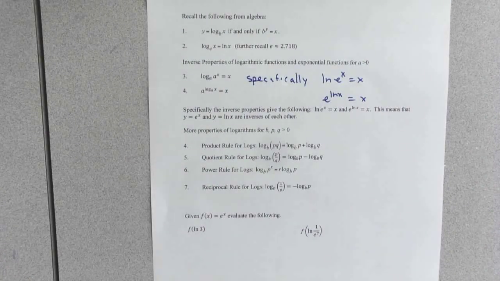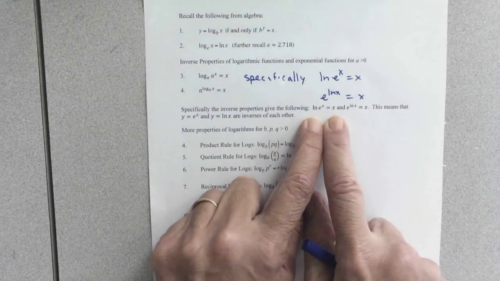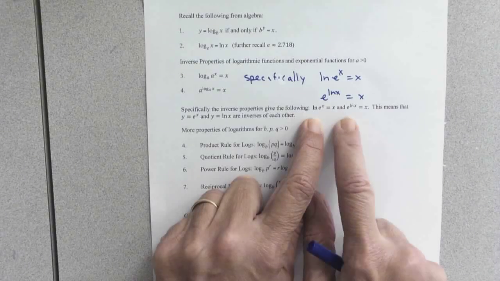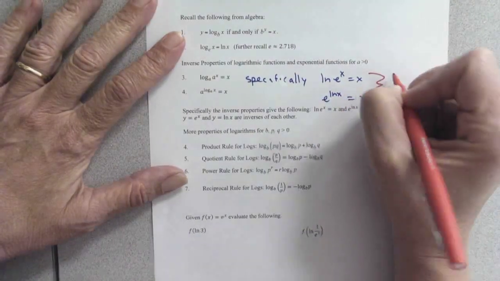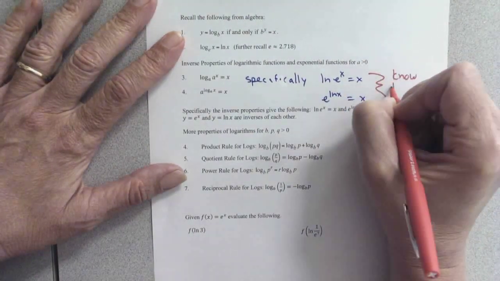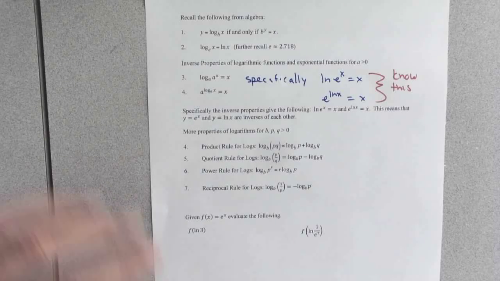Because the natural log and the natural exponential functions are inverses of each other, when I do them both, they cancel. You should know this. When those situations creep up, I will expect you to simplify it.